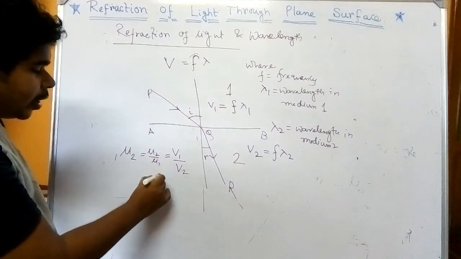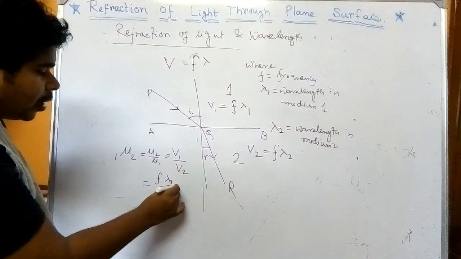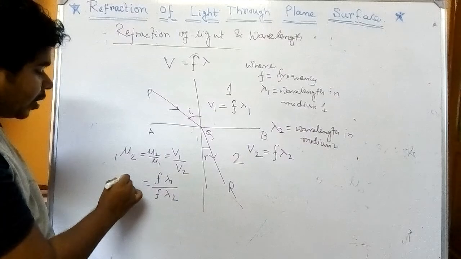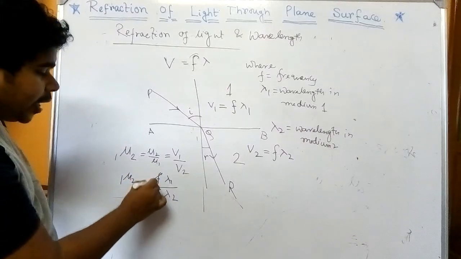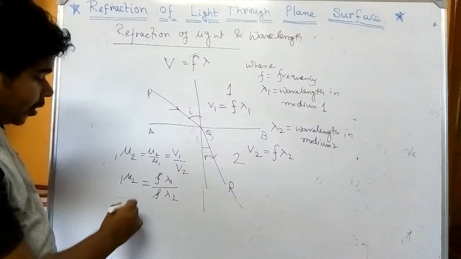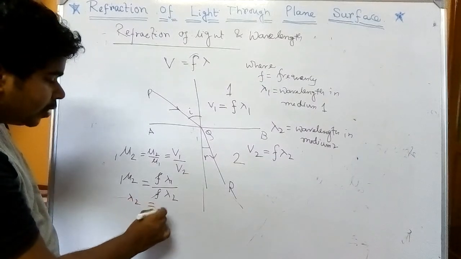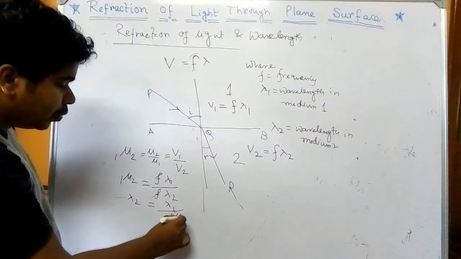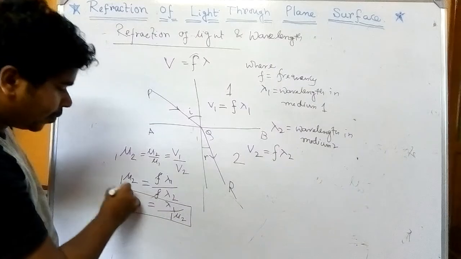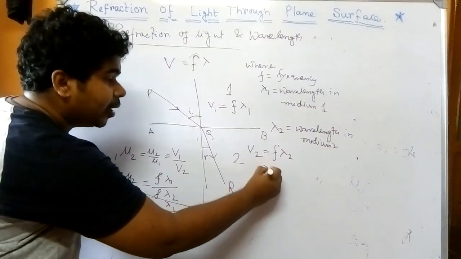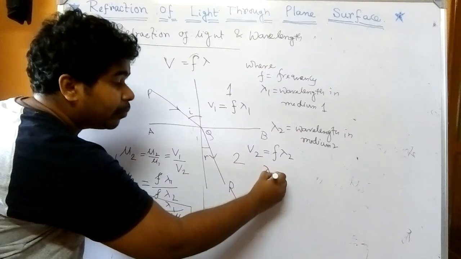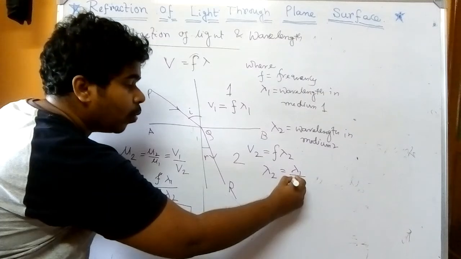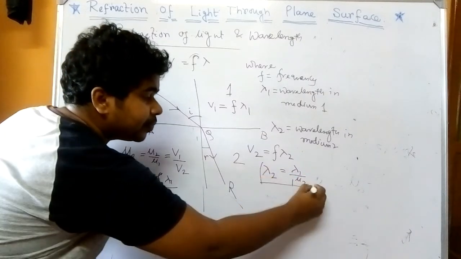Here v1 is f into lambda 1 and v2 is f into lambda 2. The f is cancelled out, so lambda 2 equals lambda 1 by 1 mu 2.